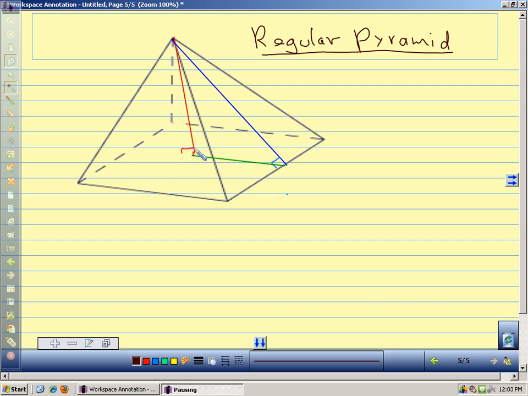This angle is 90 degrees here. The slant height is what part of the triangle? That's the hypotenuse. And if we have a regular polygon as the base, this distance from the center to the center of an edge, anybody remember what that segment is called for a regular polygon? This is the apothem.